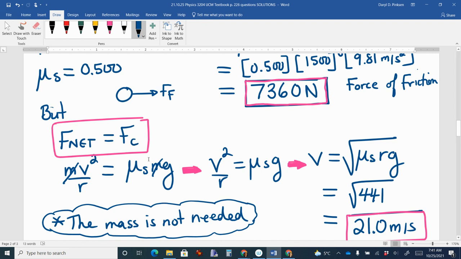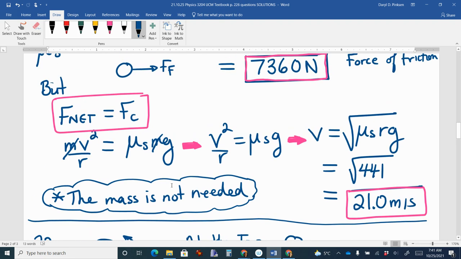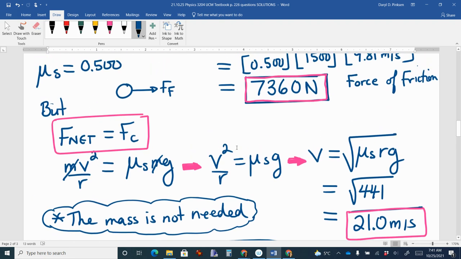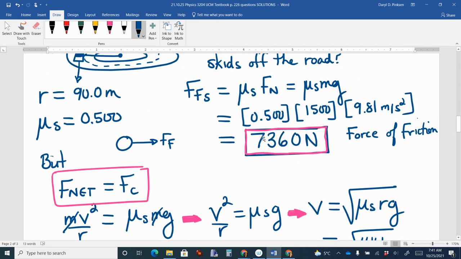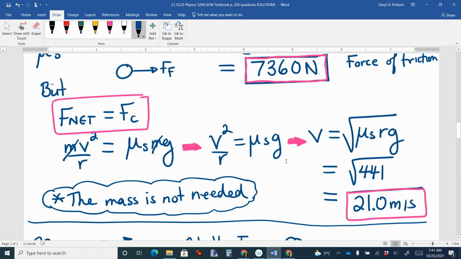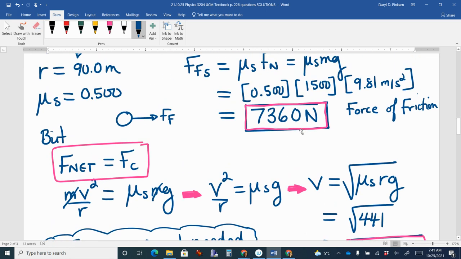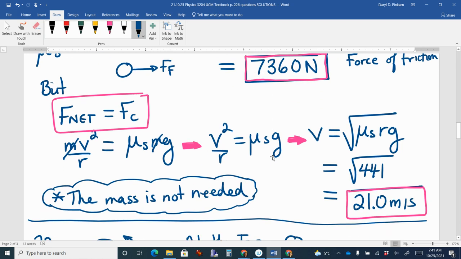And it's 21 meters per second. And you don't need the mass at all. So 21 meters per second is the speed where the force of static friction will equal this value, 7360. And if we go faster than that, we're going to exceed the force of static friction, and the car will skid off the road.